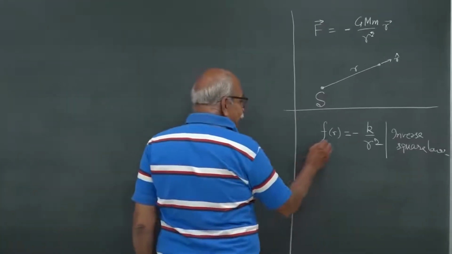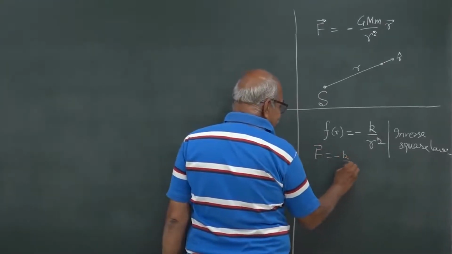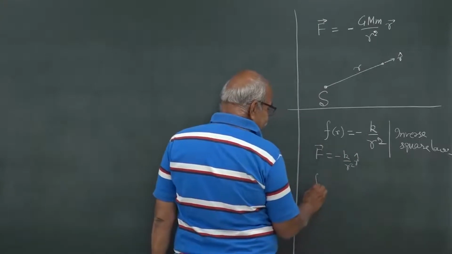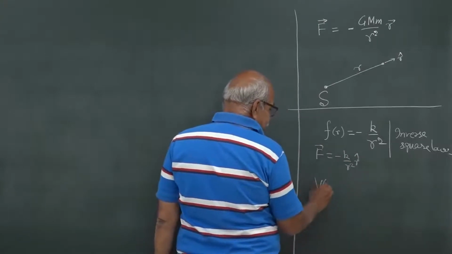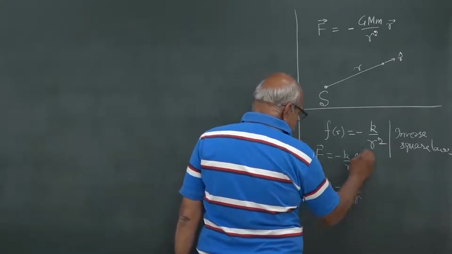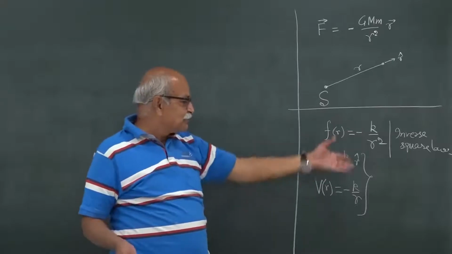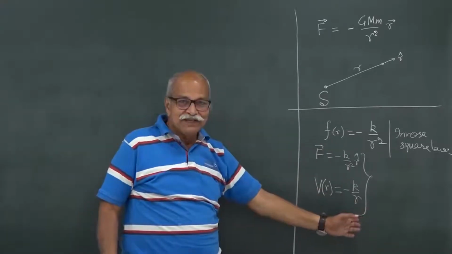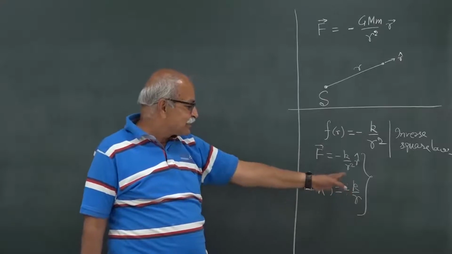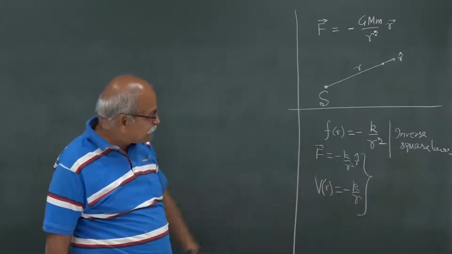Here, if force is equal to minus k by r square r cap, then this potential V of r will be minus k by r. So, I just plot V of r versus r, it will be a hyperbola, and it will give you some results, but not very useful. So, we do some mathematical manipulations.